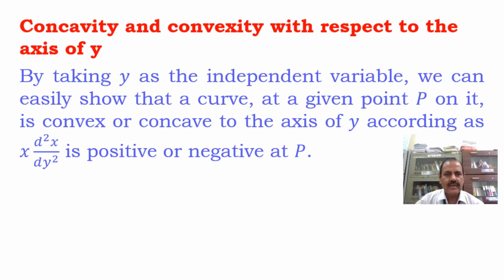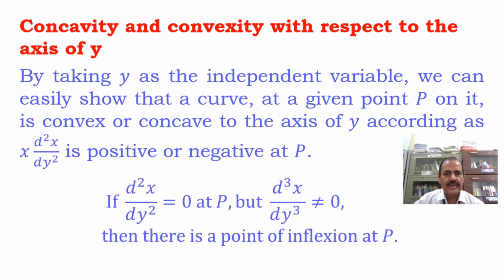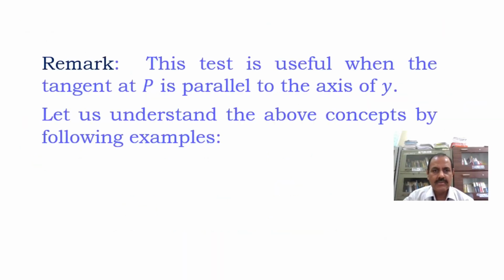So we can interchange x and y, then we get the result as x times the second derivative of x with respect to y is positive or negative at P. Similarly, for the point of inflection, the second derivative is equal to 0 but the third derivative is not equal to 0. So this is the point of inflection. This test is useful when the tangent at P is parallel to the axis of y.